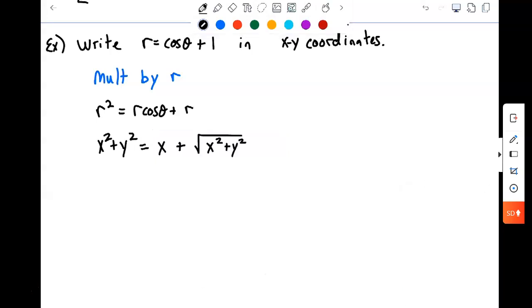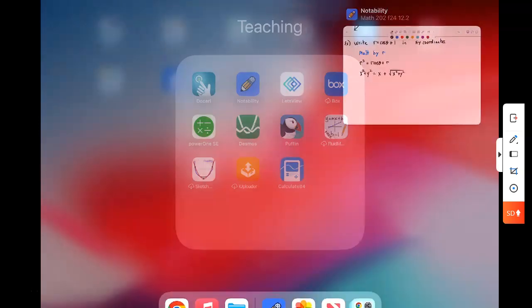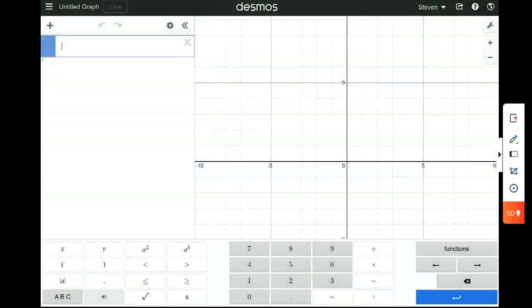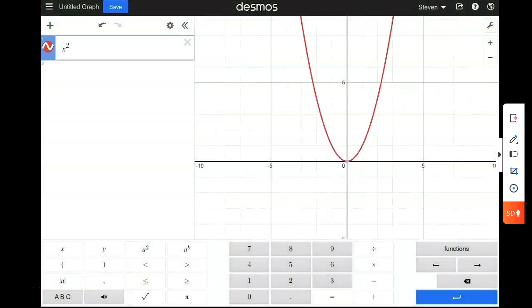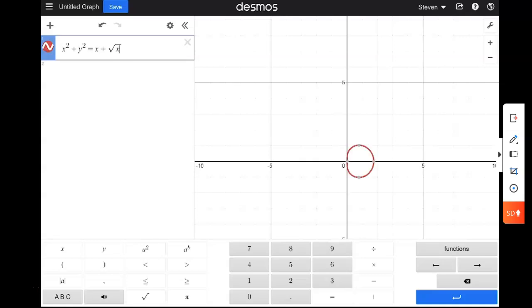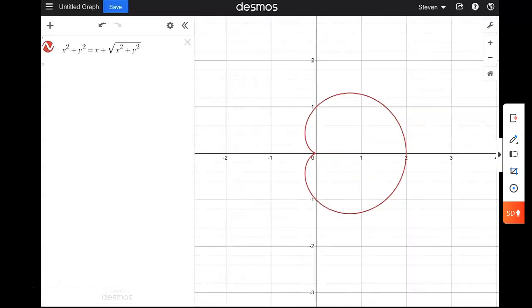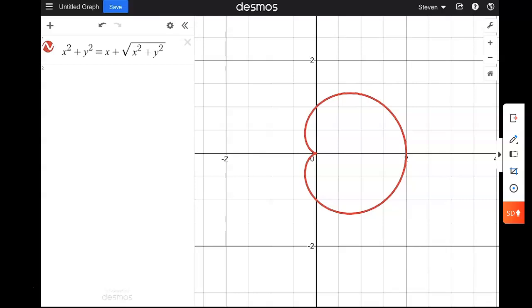Okay, so let's take a look at this. This is a very ugly, complicated xy equation. Let's go ahead real quickly and take a look at its graph on Desmos. This is not something you would want to ever try graphing by hand. So we have x squared plus y squared equals x plus the square root of x squared plus y squared. And you can see that I actually don't need to bother with the plus or minus, because I do get the full graph.